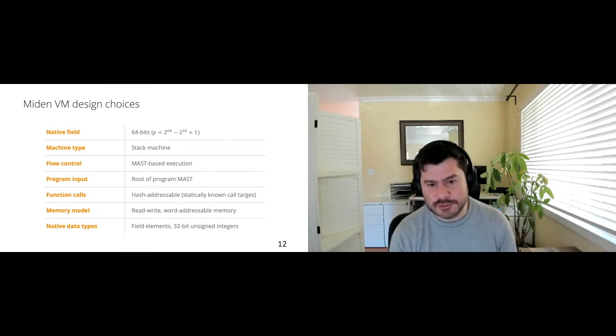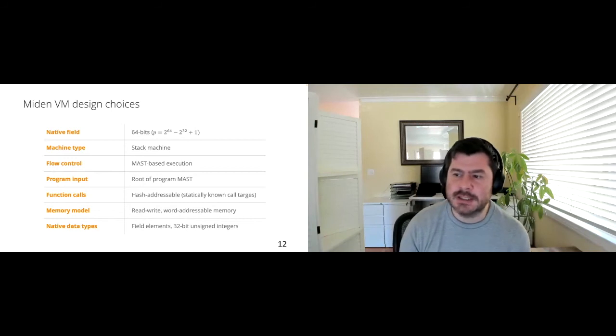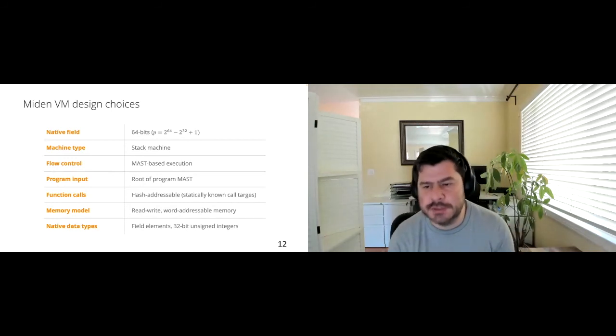We'll see if it turns out to be a correct assumption, because there are definitely other approaches to doing this. Flow control is accomplished using this mask-based execution, and I'll cover this in a bit more detail in the next slide. But this is something that is fairly unique to Miden VM. Most other VMs that I'm aware of are using either a Harvard or Von Neumann architecture to do flow control.